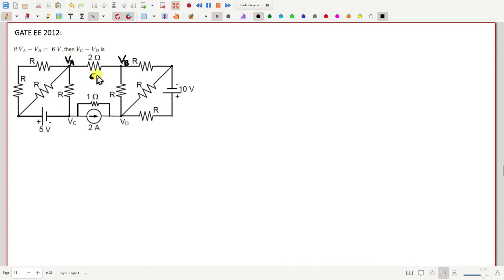So that means here we have 6 volt, left side plus, right side minus. We have to find VC minus VD. VC is here, VD is here. Between these two nodes, how much is the voltage VCD?